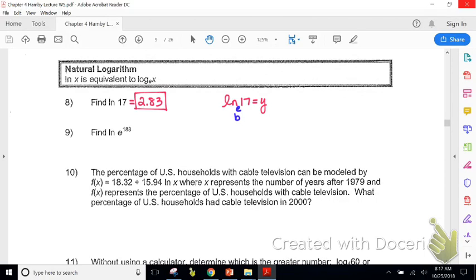And so, there's my b, there's my x, and of course my y is my y. And so, I do my base to the y equals 17. But we don't know how to solve that, do we? We can't get like bases because e is irrational. So I could write it, if it asks you to write it in exponential form, we can do that. We just can't solve it from that form. Does that make sense?